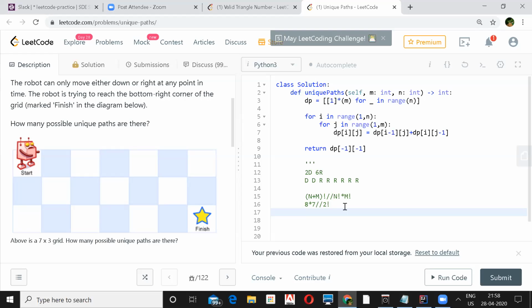Yeah, but if it is a square, then you'll have to take half of that. So the problem might not be n or m, the problem might be that the multiplication might overflow.